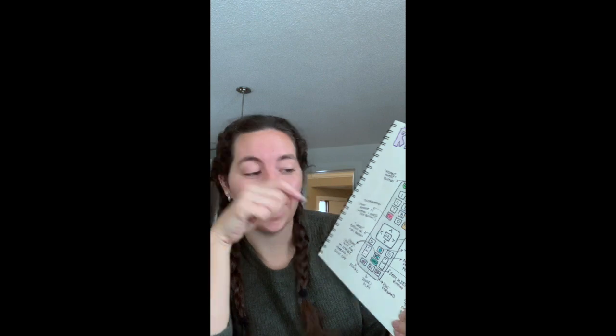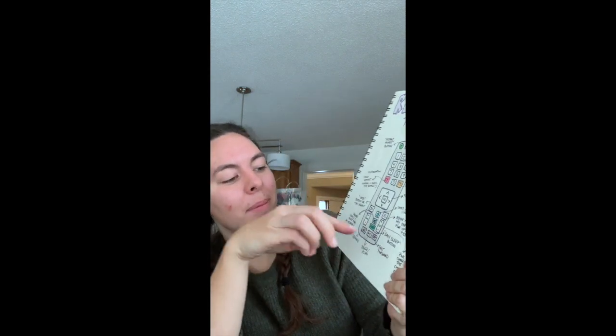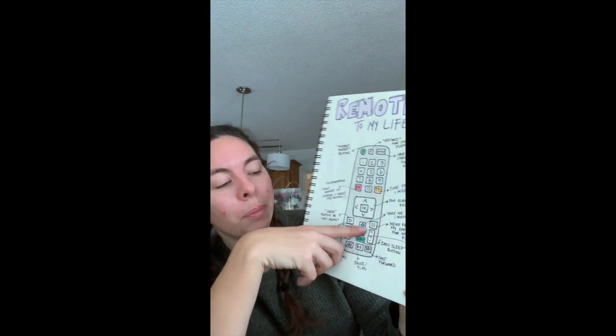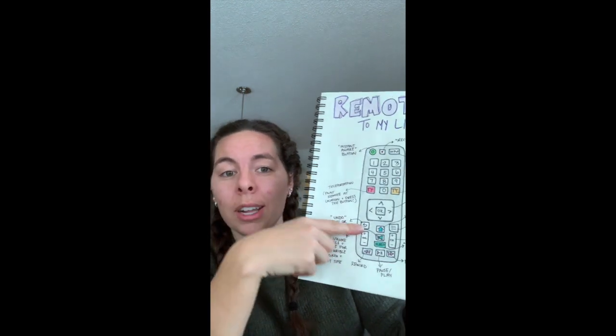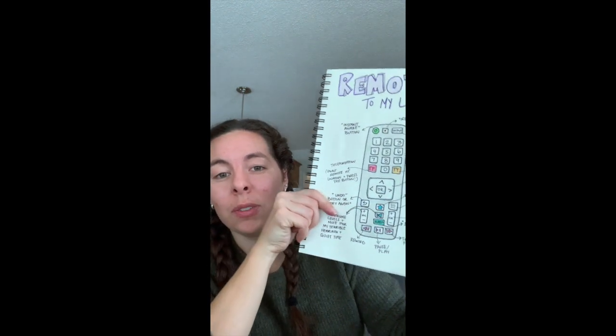Again, there is no perfect in the real world, but this is our fake world, so that's why I put that in there. I have a home button for taking me home instantly.